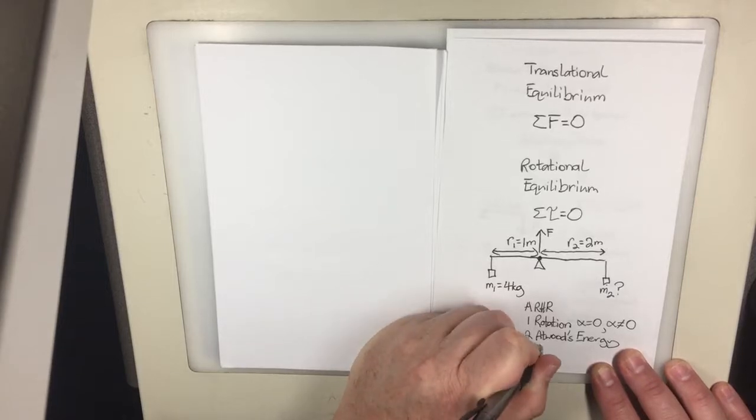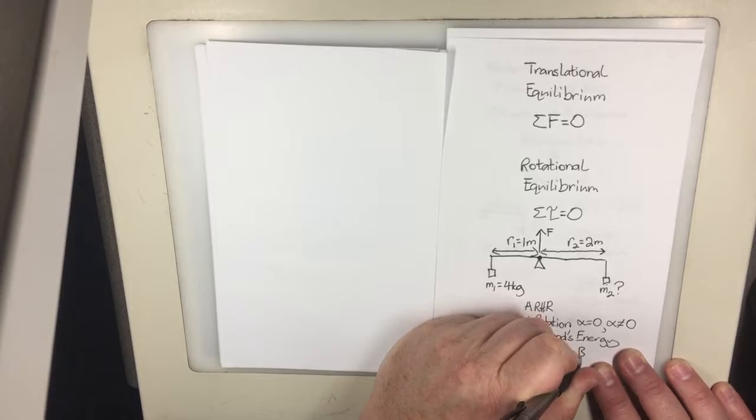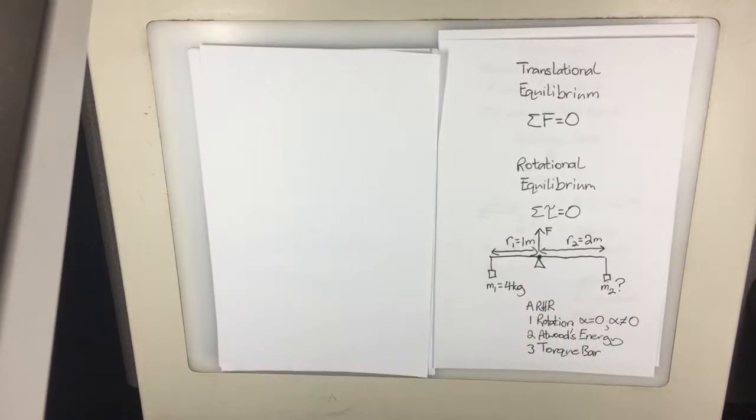And 3, torque bar. That's what we got. And so one of the things that typically is not covered in test 2, except for the multiple choice, is inelastic collisions. I haven't been really able to get a good inelastic collision problem into test 2, but it does show up on the final.